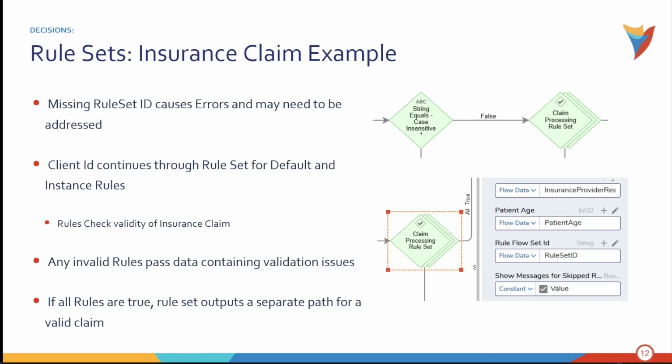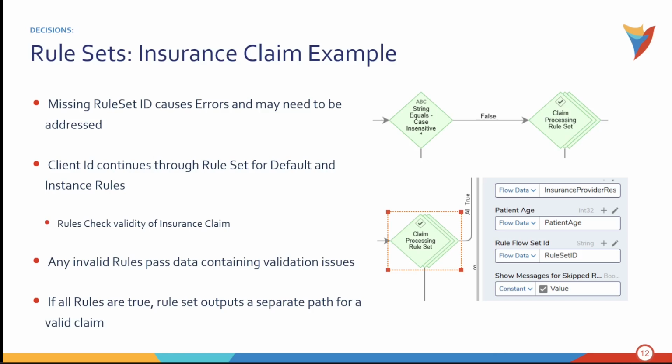Something that's important to note with a rule set, if you are using a template with instances and you do not pass that ID, like the IDs that we put in that truth table, it will cause it to error out. So you do need to make sure that those IDs are going through, and you may have to consider the option of what if my process didn't get the correct ID.